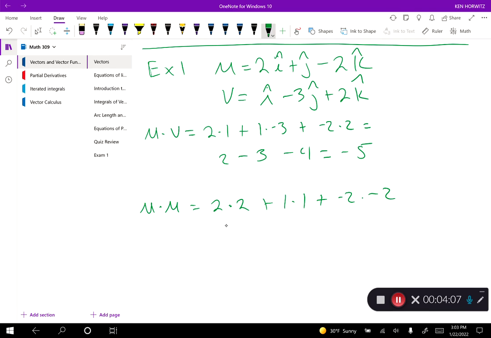So that is 4 plus 1 plus 4, and it equals 9. So there is another example.